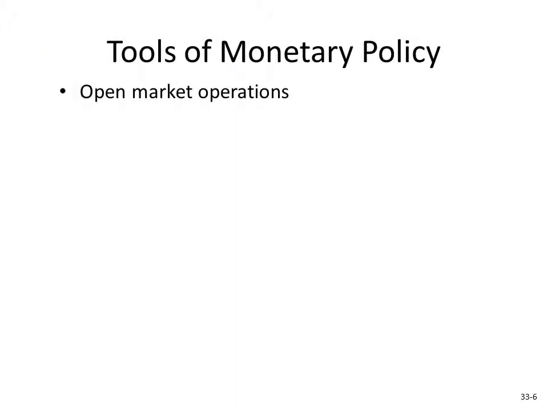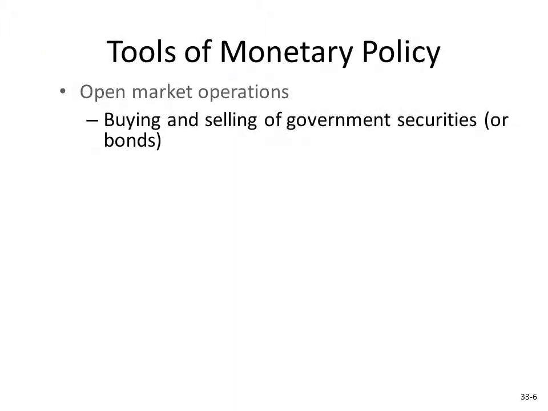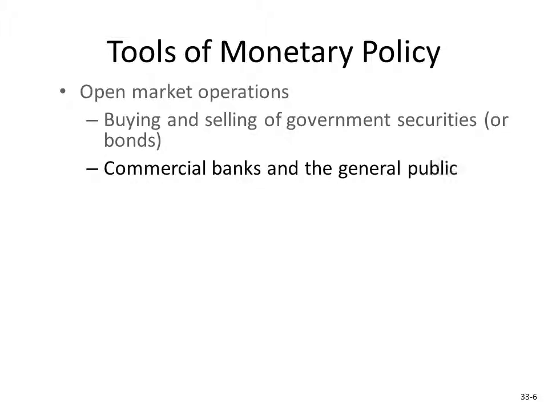So here's how open market operations works: the buying and selling of government bonds by the Fed. We're going to see that if the economy is in a recession, the Federal Reserve would want to buy bonds, and how that's going to affect the money supply. And if inflation is plaguing the economy, the Federal Reserve would want to sell bonds. So who are they buying and selling bonds from?